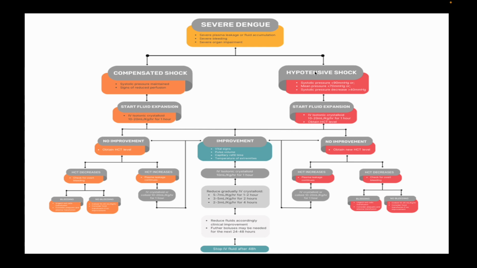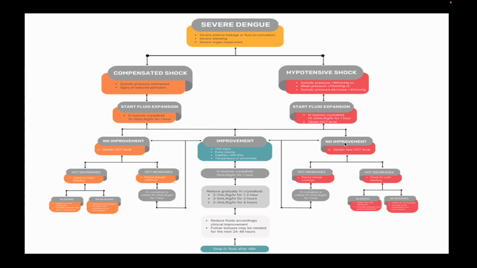Now, once you've started the patient on fluids in a shock case, you must look for signs of improvement. That is, you must find improvement in the vital signs, the pulse volume, the capillary refill time, and the temperature of the extremities. Please note, these things must be noted prior to your resuscitation so that after the resuscitation you can check whether there is an improvement or not.